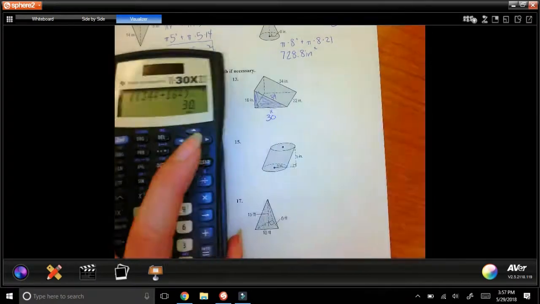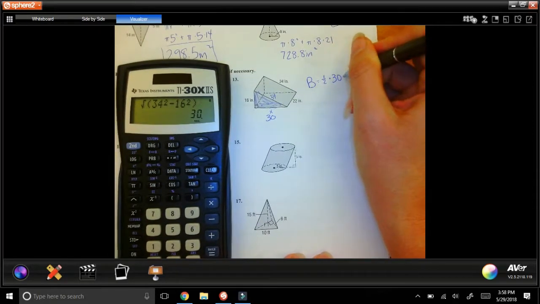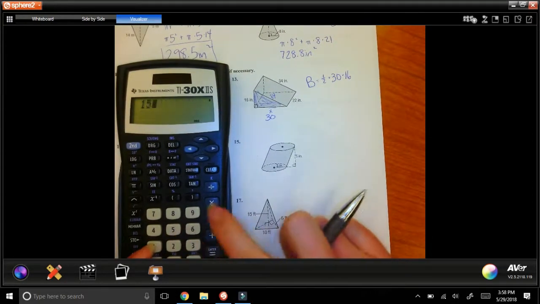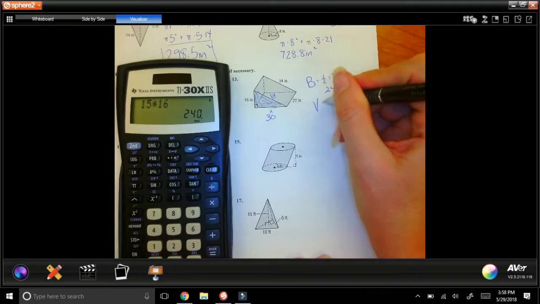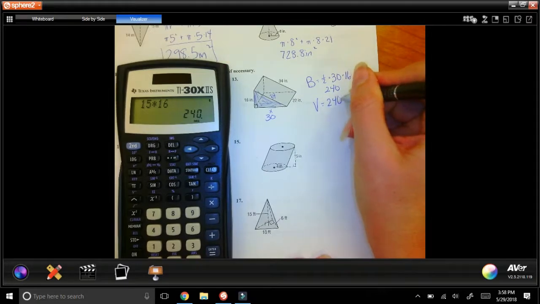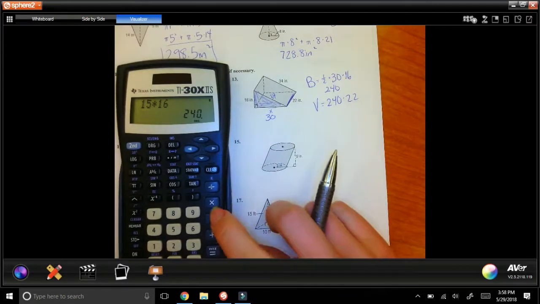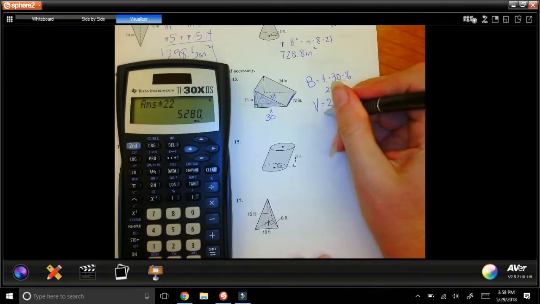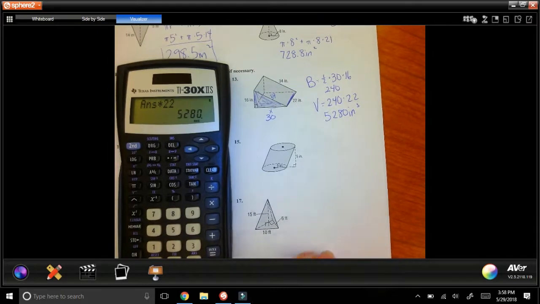So the area of the base is the area of this triangle, half of 30 times 16. So 240. So volume is 240 times the height of the prism. So that's the distance between the bases. 5,280, and that's cubic inches.